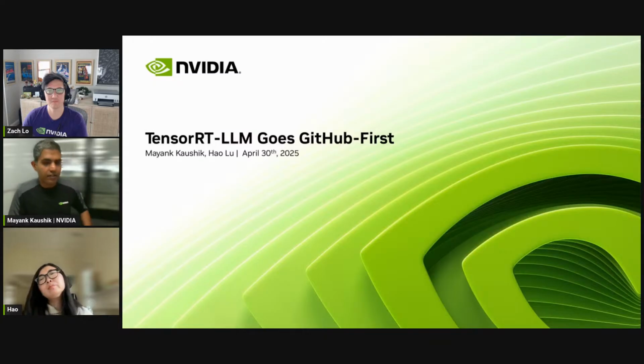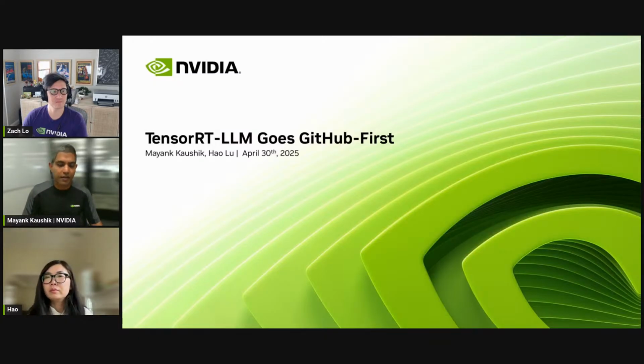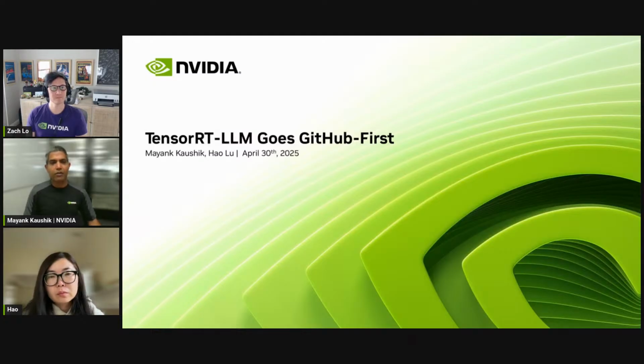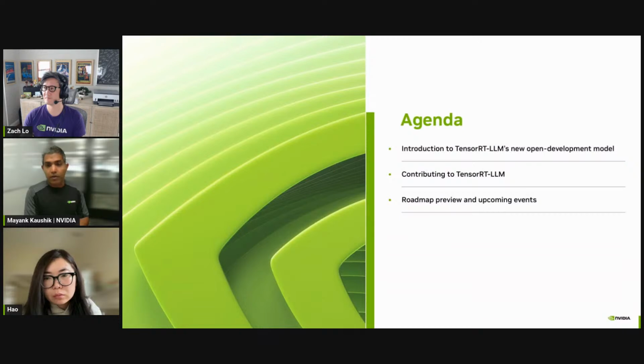All right, thanks for the introduction, Zach. And hello, everyone. I'm joining you live from NVIDIA headquarters in Santa Clara. Today we're going to be talking about the changes we've made to how we develop TensorRT-LLM to make it more open source friendly. So on to the agenda.